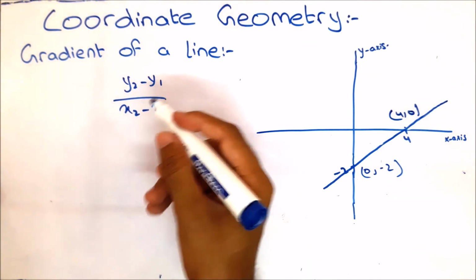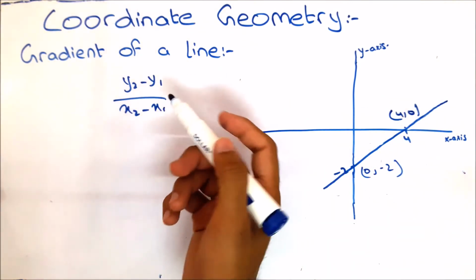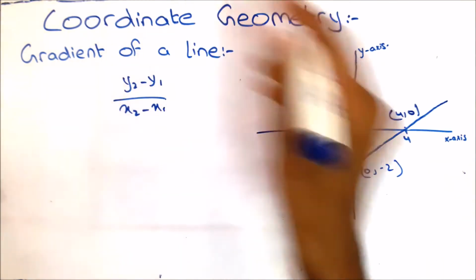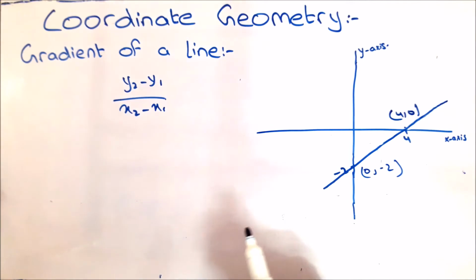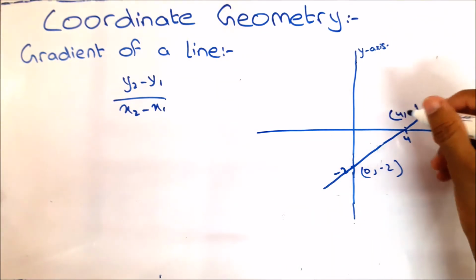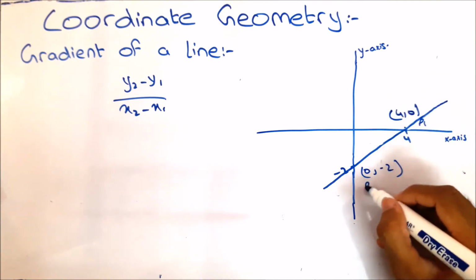That is just like the distance formula. But in the distance formula we had x2 minus x1 and y2 minus y1, both squared, with a root sign. You don't need to know that right now. Let's take this as P1 and this as P2.